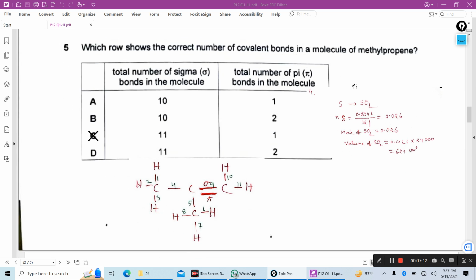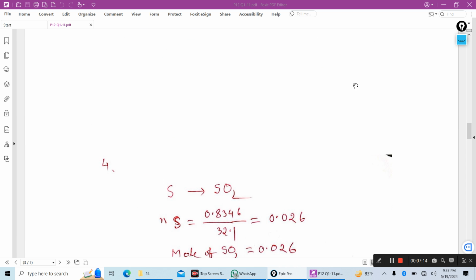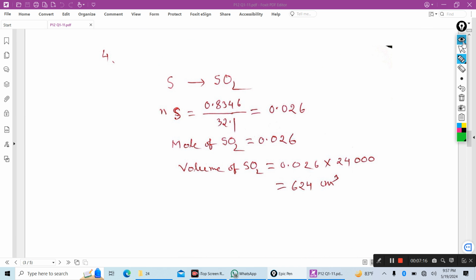You see, at first you find out sulfur goes to sulfur dioxide. Number of moles of sulfur is mass divided by sulfur's relative atomic mass 32.1, so 0.026 mole. Mole ratio is 1:1, so moles of sulfur dioxide will be the same as sulfur.